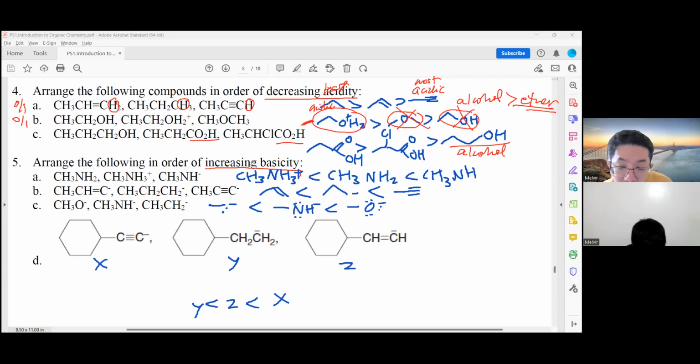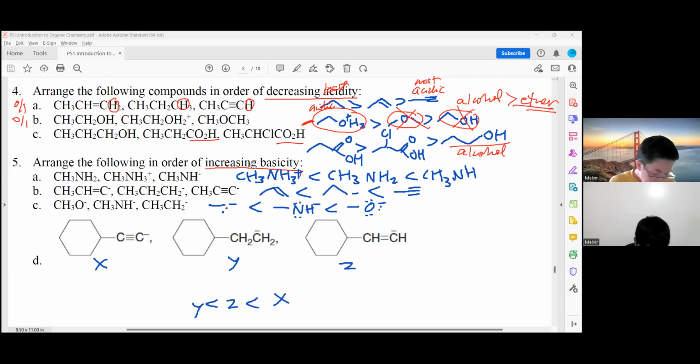So if they're electronegative, what will happen to your electrons? They will be pulled towards them or pulled away from them. So what will happen to your electrons in a bond? Are the electrons being pulled towards your halogens or being pulled away from them?